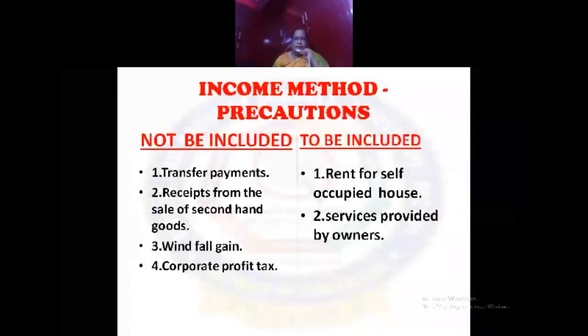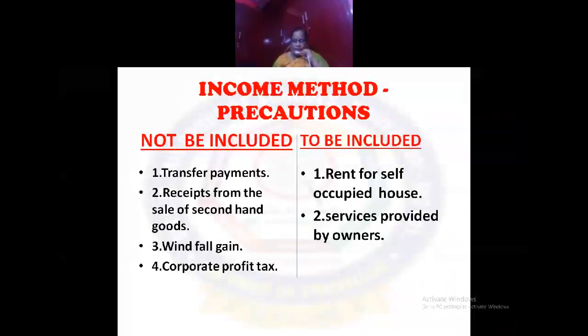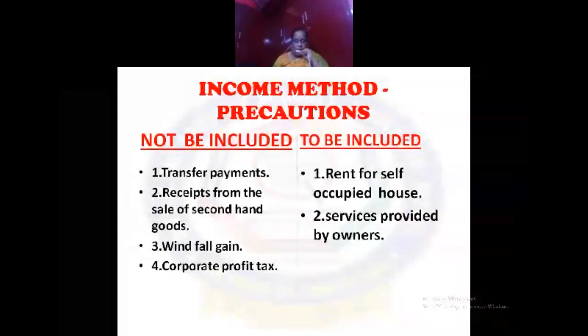Second one, receipts from the sale of second-hand goods should not be treated as a part of national income. Why? Because they do not create a new flow of goods and services in the current year. Third one, windfall gain. What do you mean by windfall gain?